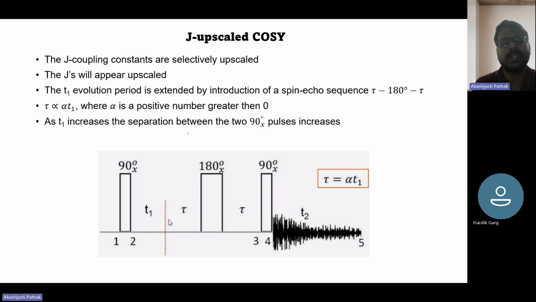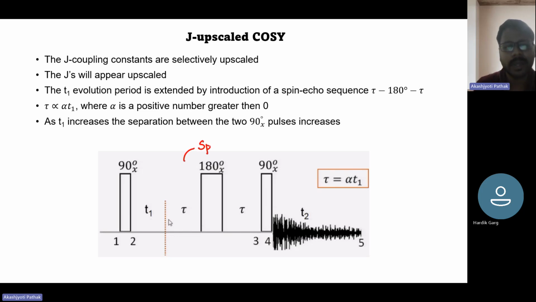So what we just said is that for scaling experiments, for scaling up, we manipulate the pulse sequences in the T1 time period. In this J upscaled POSI, the extent of the T1 time period is increased by introducing this spin echo pulse sequence.